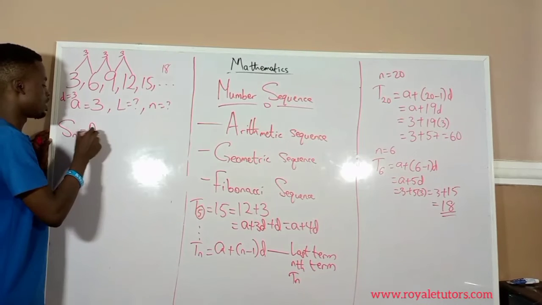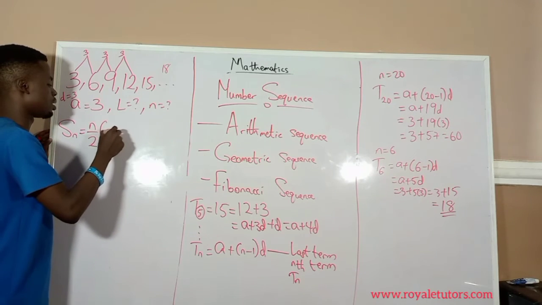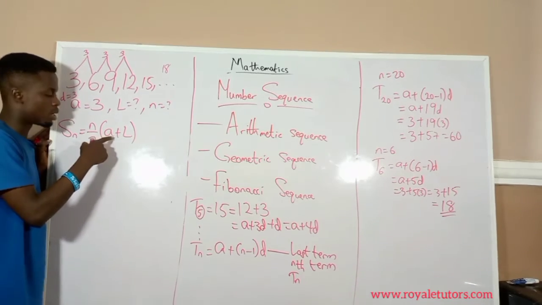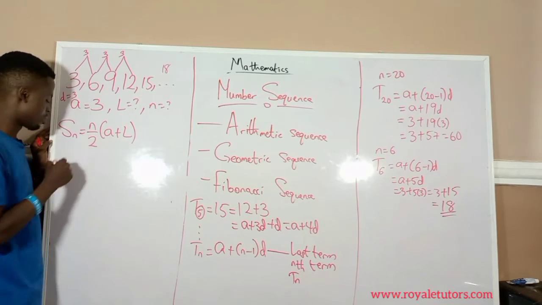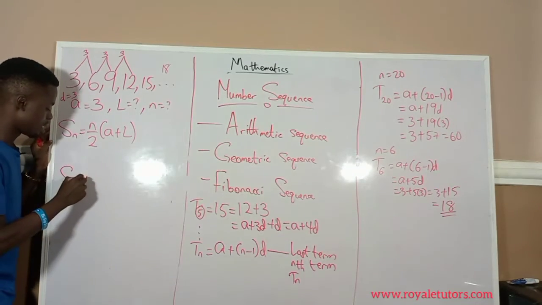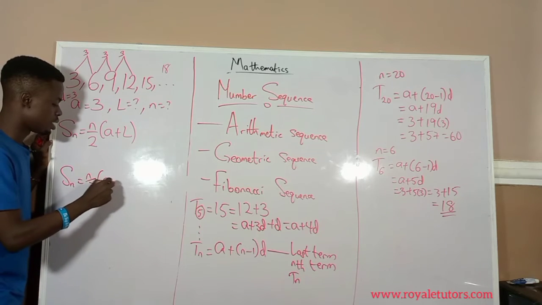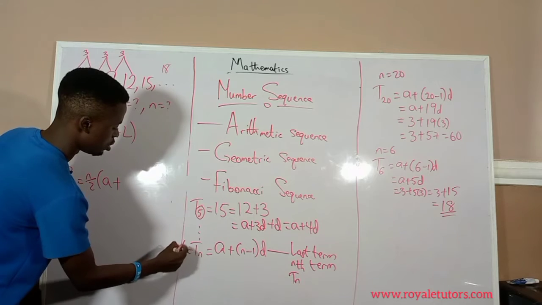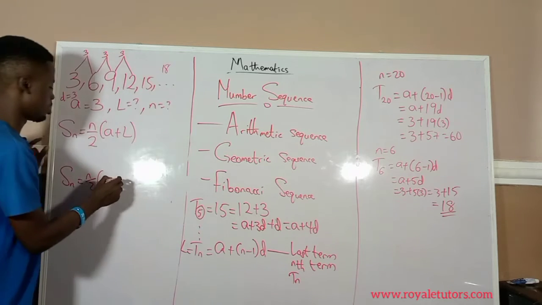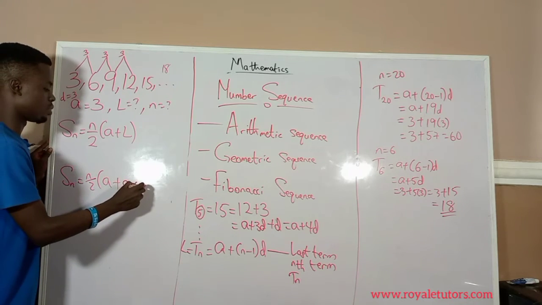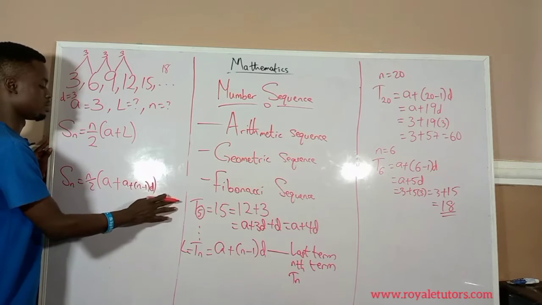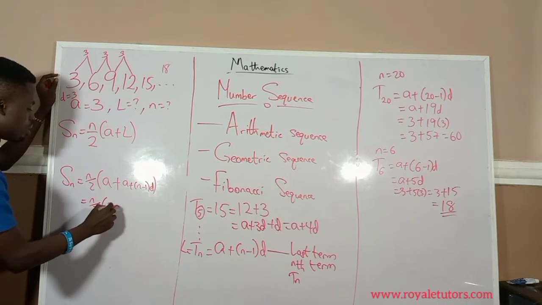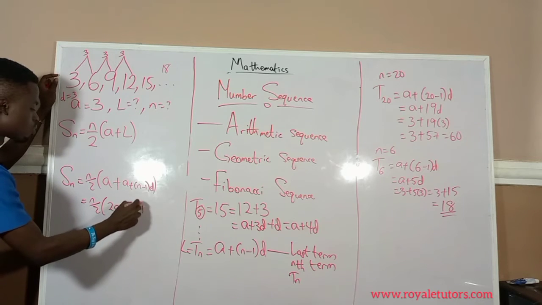It can be n over 2 into bracket a plus l. By now, I believe we know what a is, which is the first term, and we know what l is, which is the last term. Also, because we already established that the last term is equal to a plus n minus 1d, if you expand it, you have n over 2 in the bracket 2a plus n minus 1d.